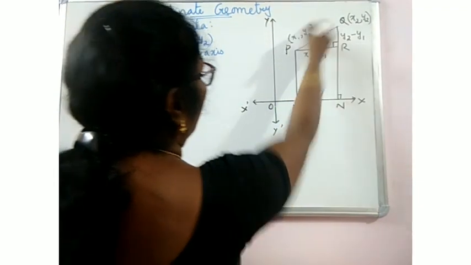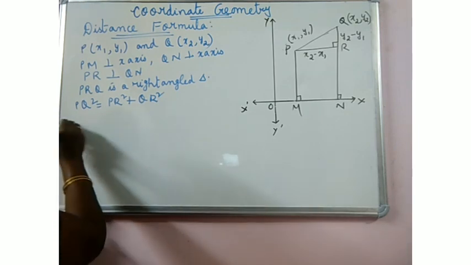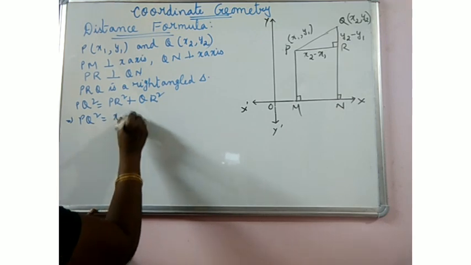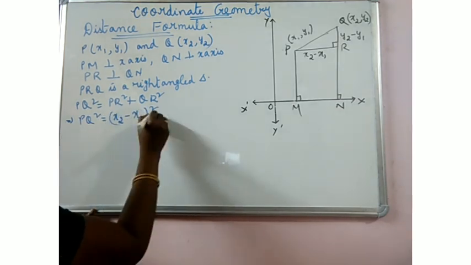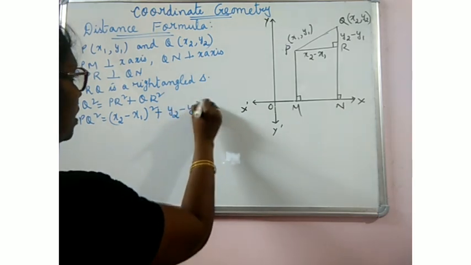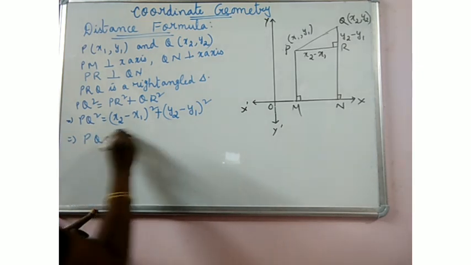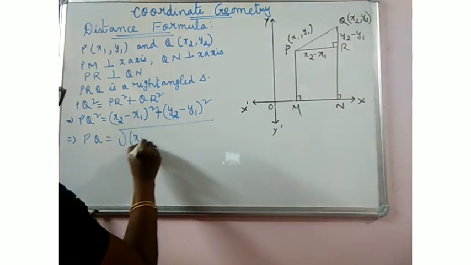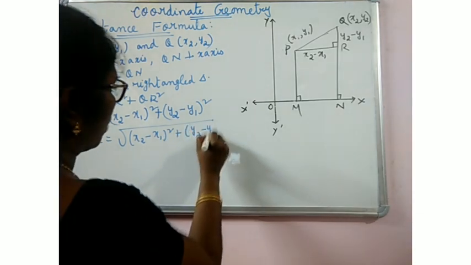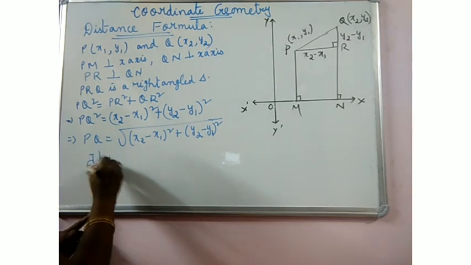So PQ square equal to PR square plus QR square. PR square is x2 minus x1 whole square, and QR square is y2 minus y1 whole square. That means if you want to find PQ, square root of x2 minus x1 whole square plus y2 minus y1 whole square. This is distance formula.